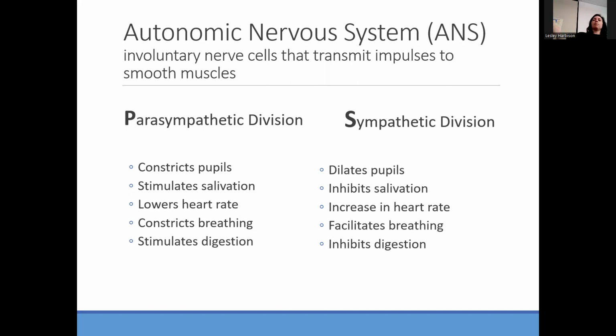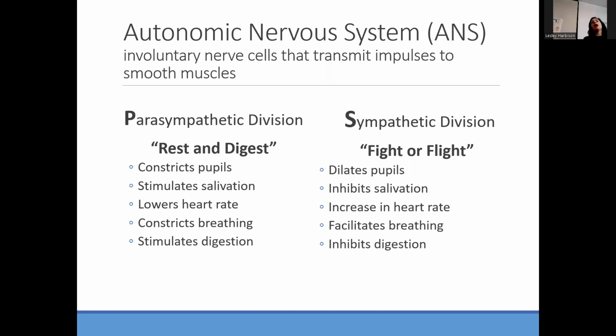I should have said this beforehand, but parasympathetic is considered rest and digest. Anything that seems comfortable, your body's relaxed, you're going to be more likely to digest food.